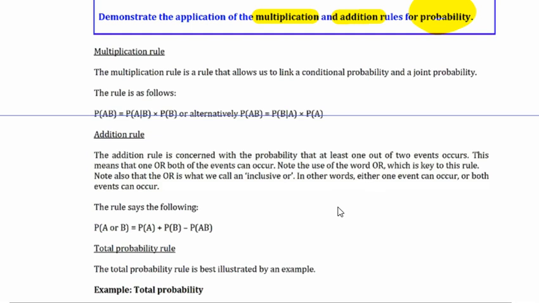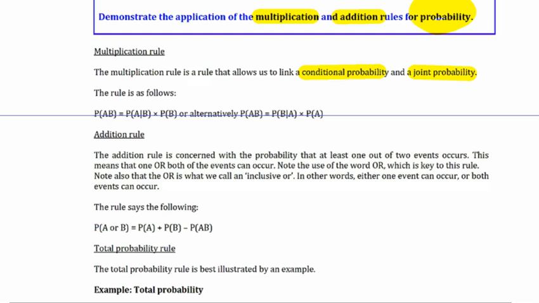We've dealt with the definitions up until now. We really have to focus on implementation of those right now. So the multiplication rule allows us to link a conditional probability, remember, the probability says something else has happened before it, and a joint probability. We'll talk more about that.